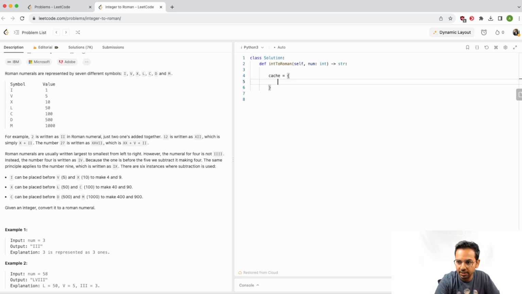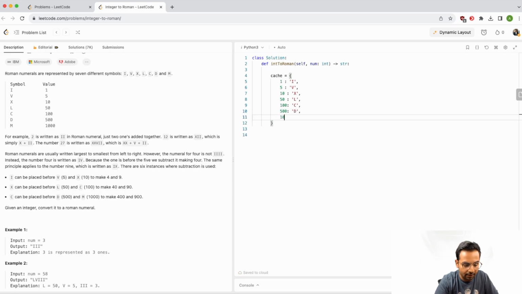If we have a cache dictionary, then 1 would be represented as I, 5 would be V, 10 would be X, 50 would be L, 100 would be C, 500 would be D, and 1000 would be M.